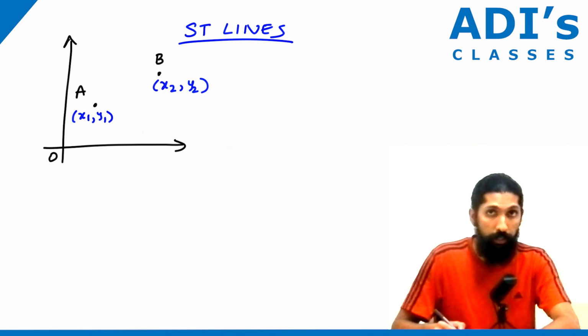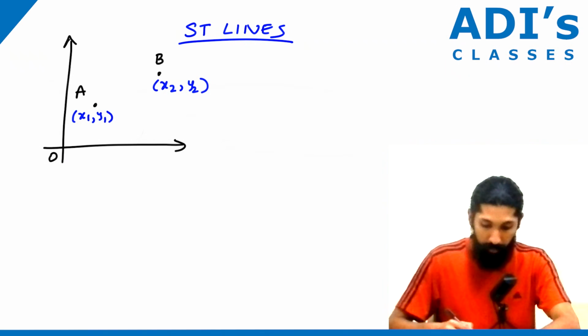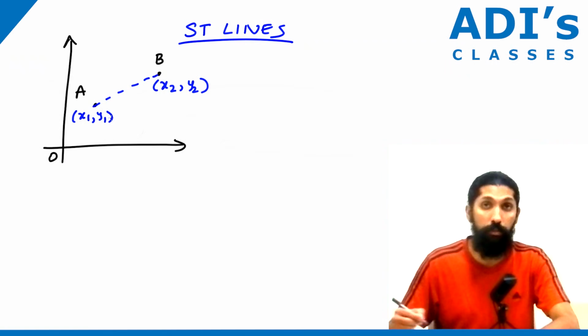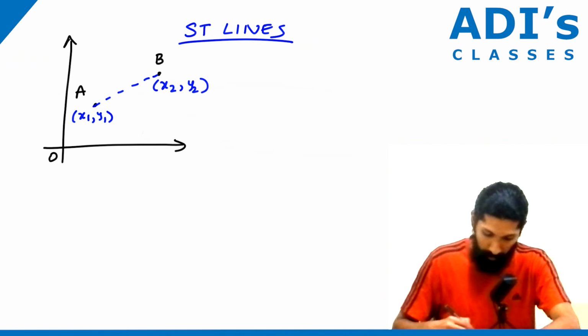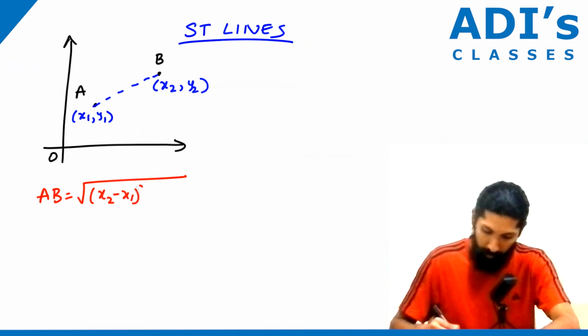So there are 2 points A and B. The distance between the 2 points. So here suppose say this is the distance between the 2 points, and the formula for the distance between the 2 points AB is equal to root of x2 minus x1 whole square plus y2 minus y1 whole square.